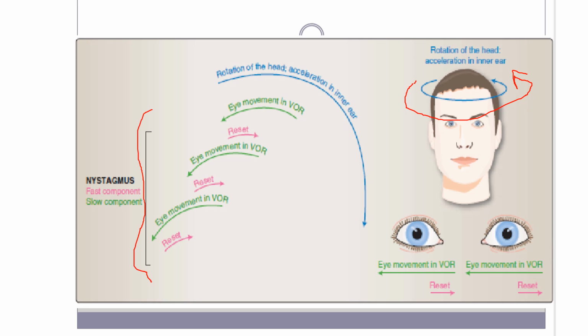Okay. Eye movement in the VOR. Okay. Slow. Reset, fast. Okay, little flicks of the eye. We can train this. Okay, so I do this as part of my neurobalancing yoga classes. So we play around with balance positions and VOR activities.